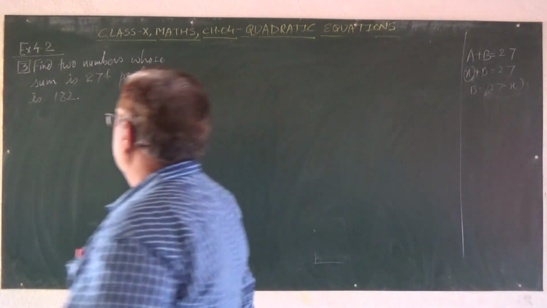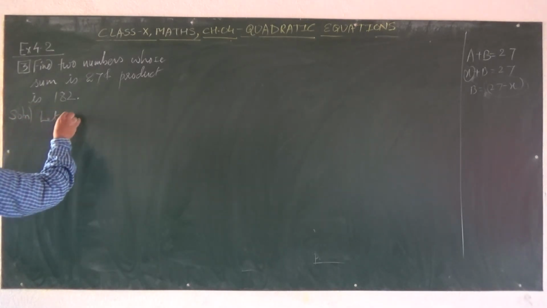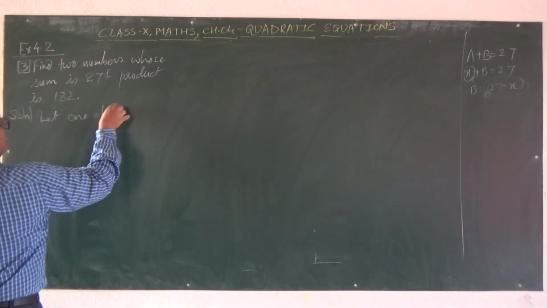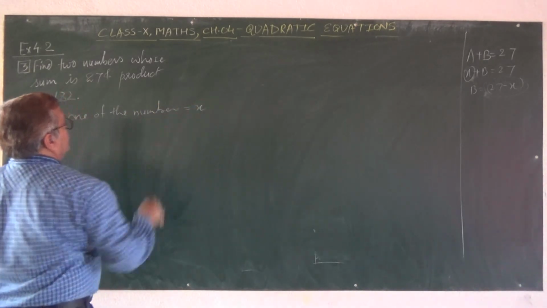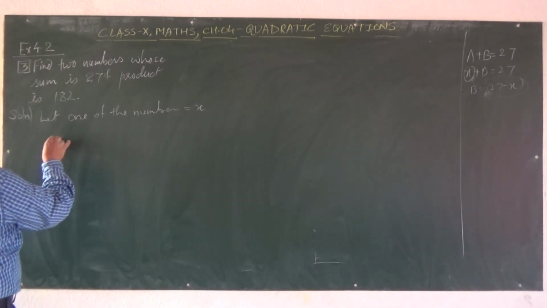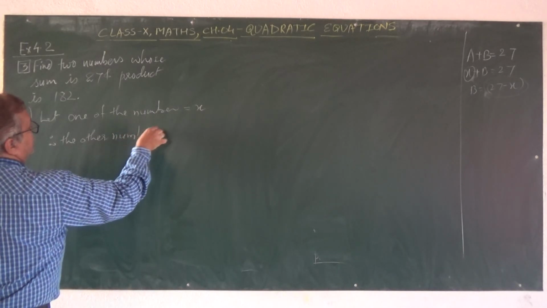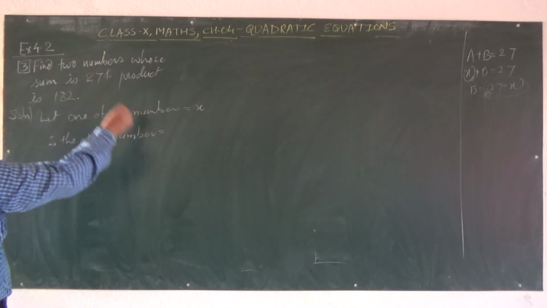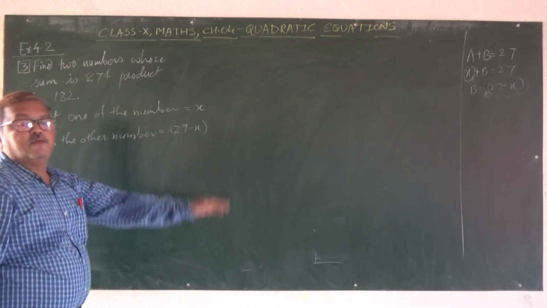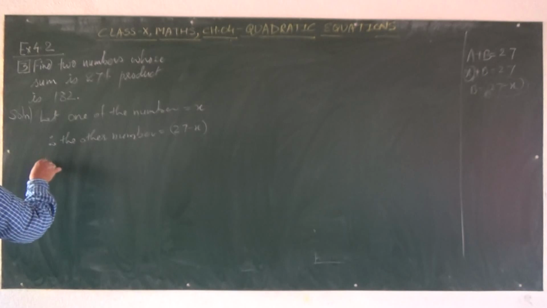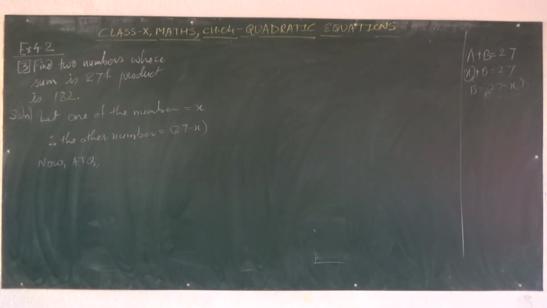Let us see. Okay, solution. Let one number be x. Therefore, what is the other number? The total of the two numbers is 27. So 27 minus x: one number is x, so the value of the other is 27 minus x. Now, according to the question, the product is 182.